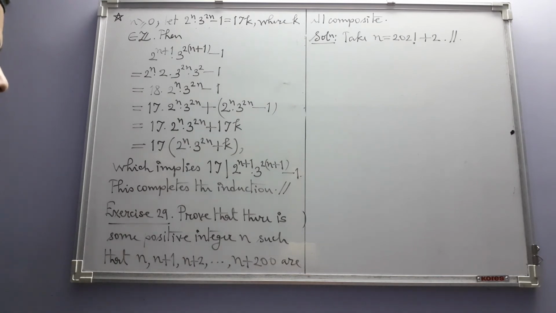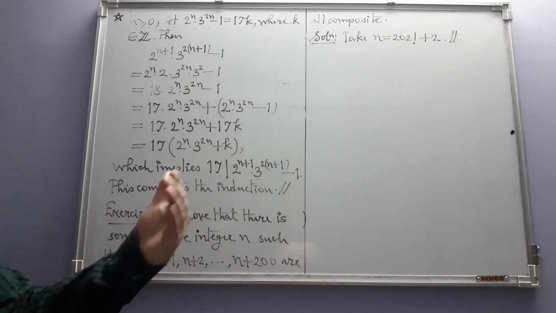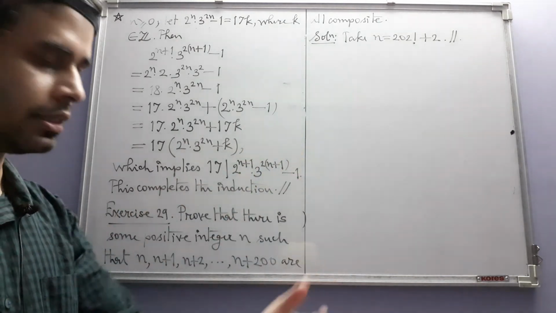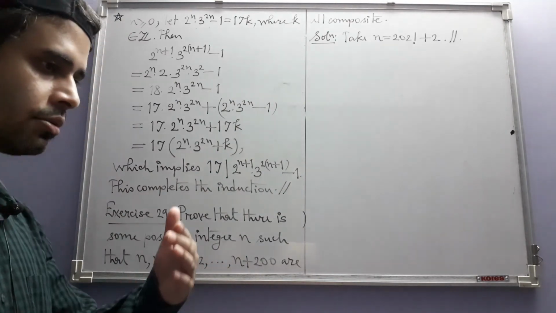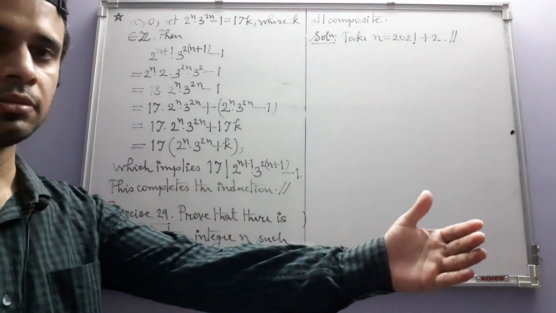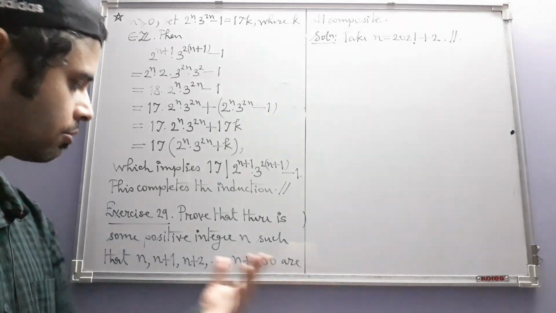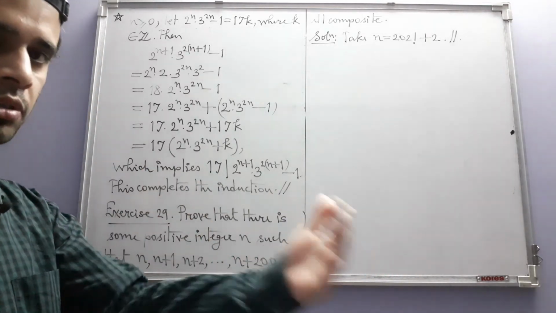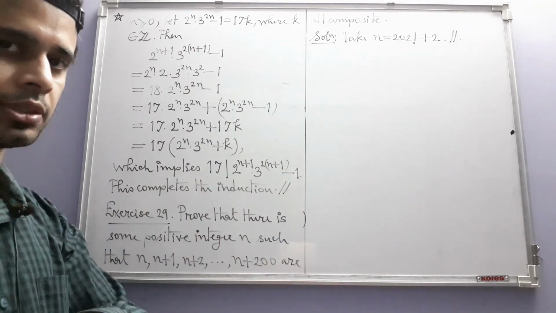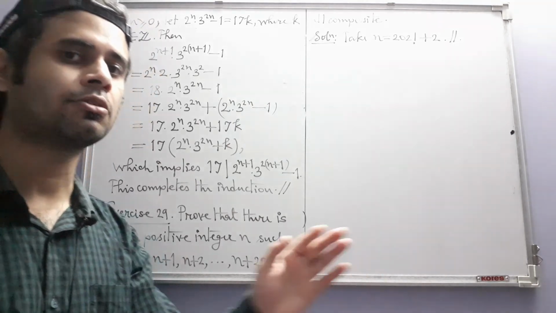In other words, in the sequence of positive integers, you can find a finite part consisting of consecutive integers that are all composite. That place is devoid of primes.